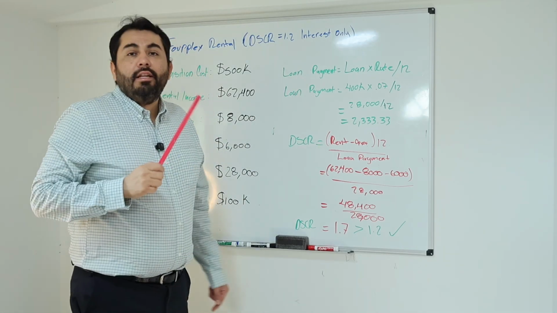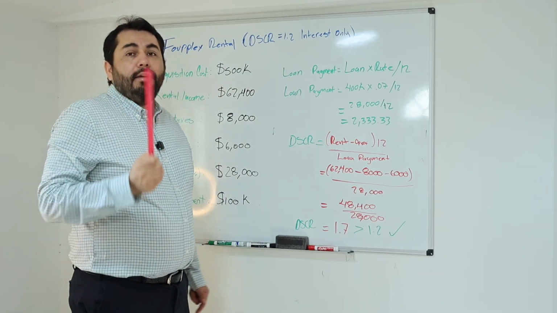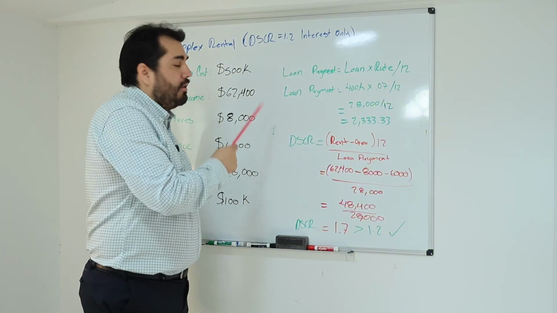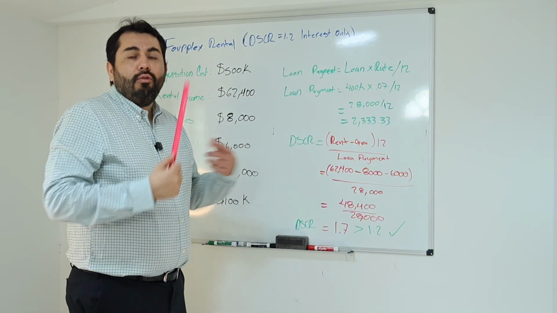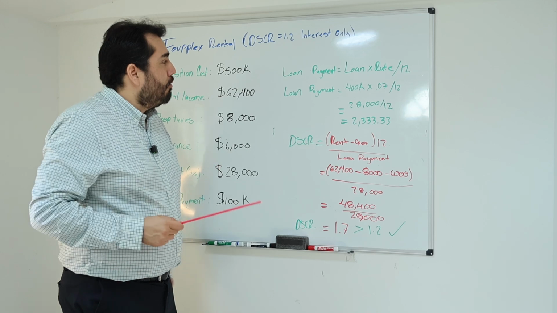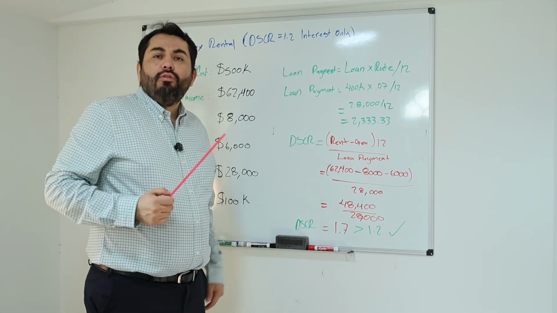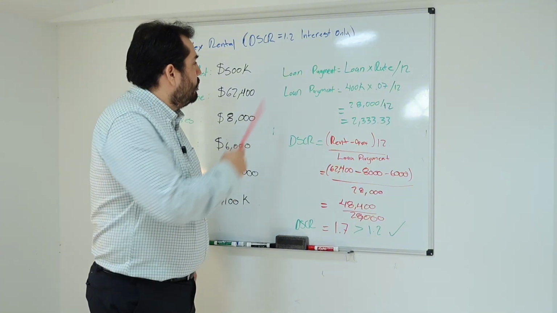So let's calculate if the lender will lend us based on the DSCR of the income we are getting from the property. It has to be above 1.2. So let's do this math.